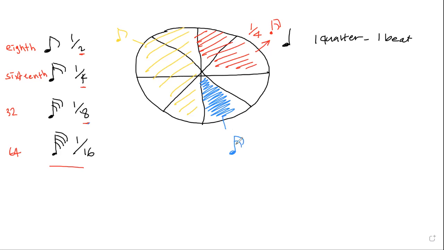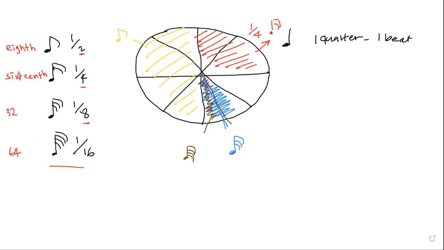We have 3 flags, okay? And then 64, you can divide it, like half of that, okay? Half of it, this much. This much is going to be your 64.